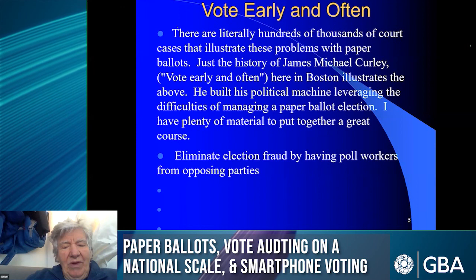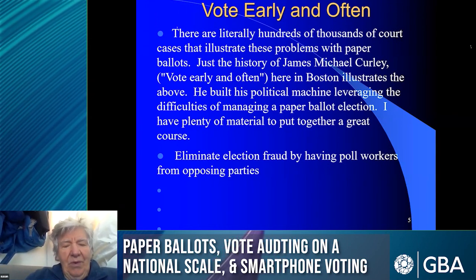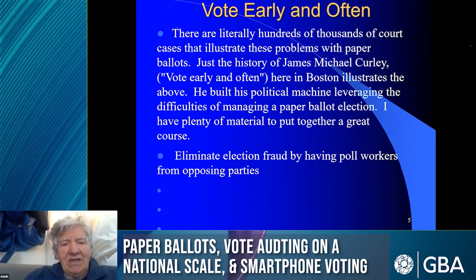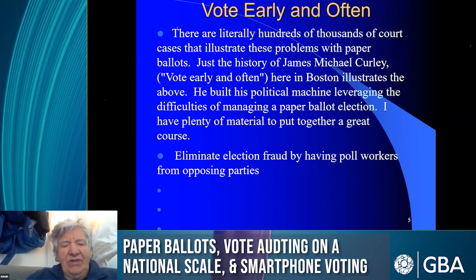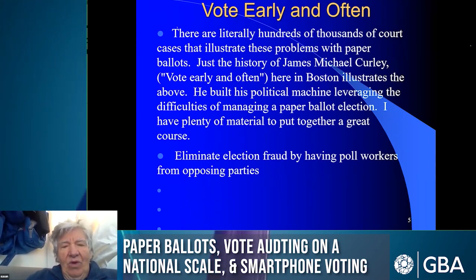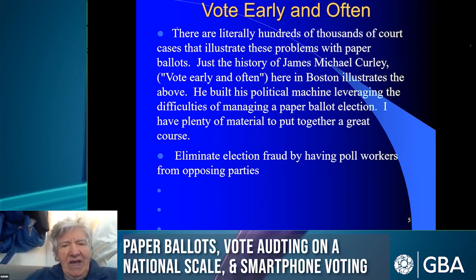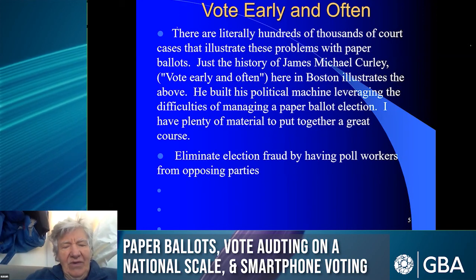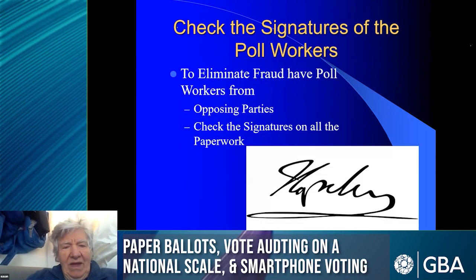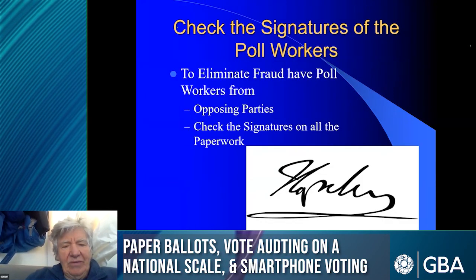And the way we fixed it was by having poll workers from opposing parties go in and watch everything and make sure that it was truly people from opposing parties that were signing the results. And we check the signatures of the poll workers.